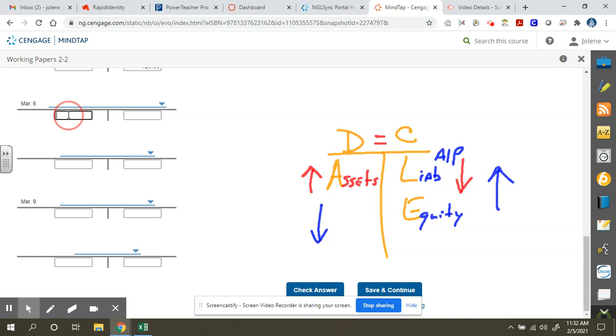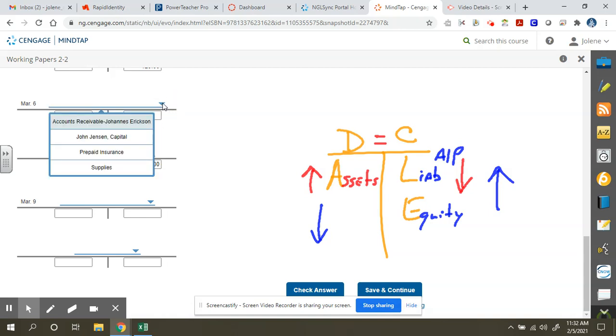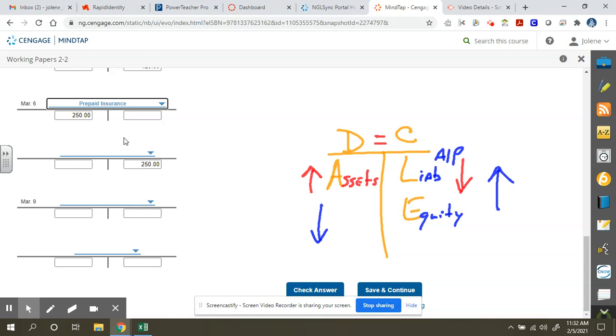March 6th, it says paid cash for insurance, $250 and $250. Okay. So it gives us choices here. It doesn't say anything about Johan Eriksson. It says nothing about John. It does say prepaid insurance, and it does not say supplies. So he bought prepaid insurance, which is an asset. You own it, it has value.